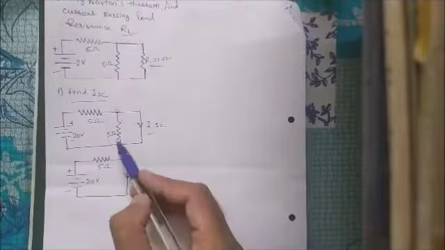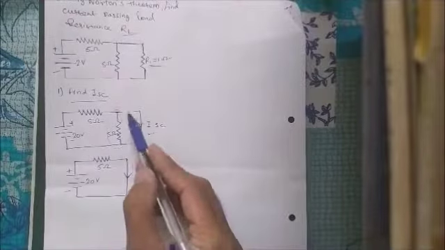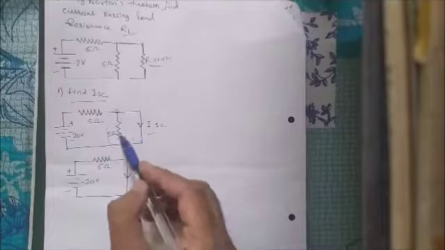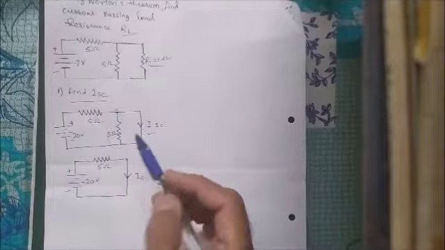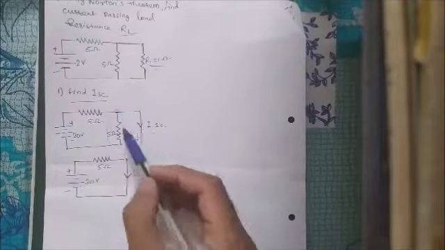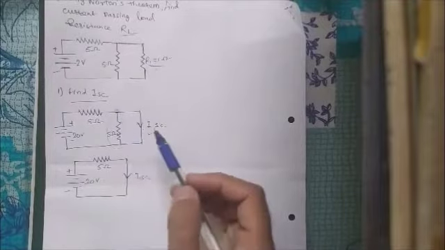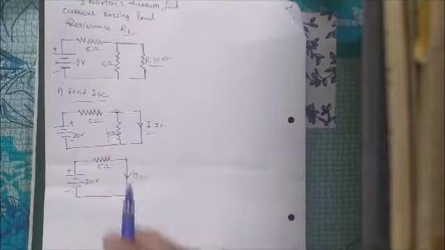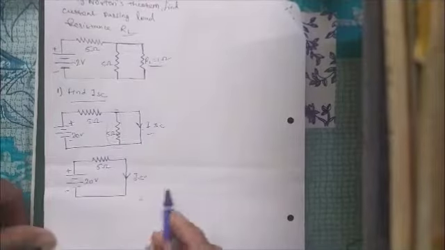That means this 5 ohm resistance will not be part of the circuit, because this branch is in parallel with the short circuit terminals, and hence it is a rule in electric circuits that the resistance which is in parallel with the short circuit terminal is not considered as a part of the circuit for calculating the current.